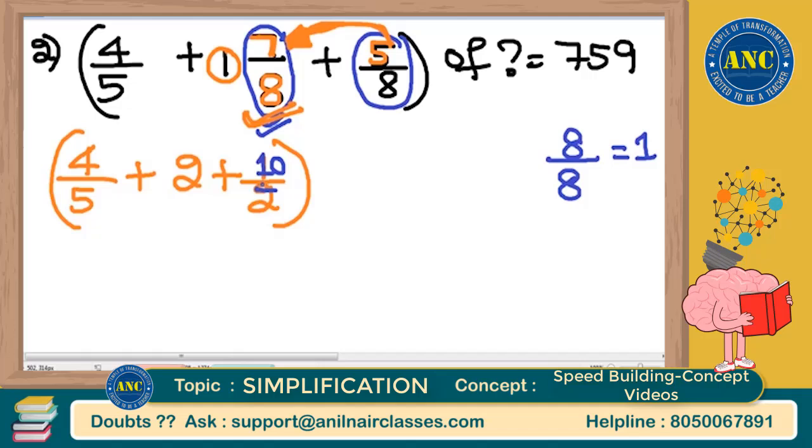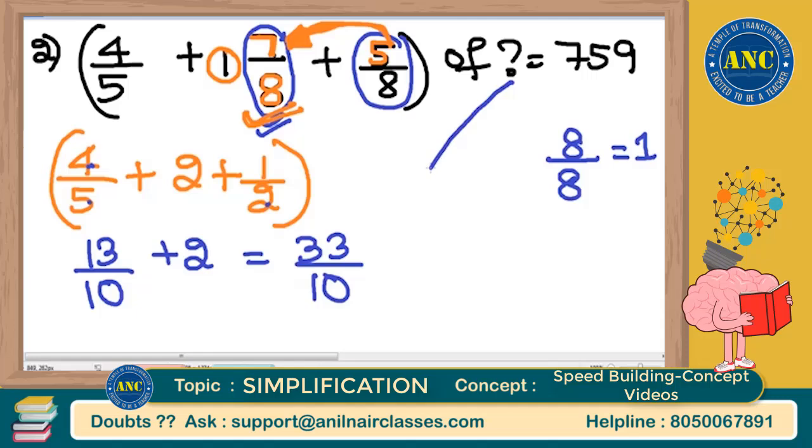So finally what I can write, 4 by 5 plus 1 by 2, LCM of 5 and 2 is 10. So this becomes 4 into 2 is 8, 5 into 1 is 5. It is 13 by 10, plus 2. Further simplify, it is 33 by 10, but the question continues: of question mark is equal to 759.